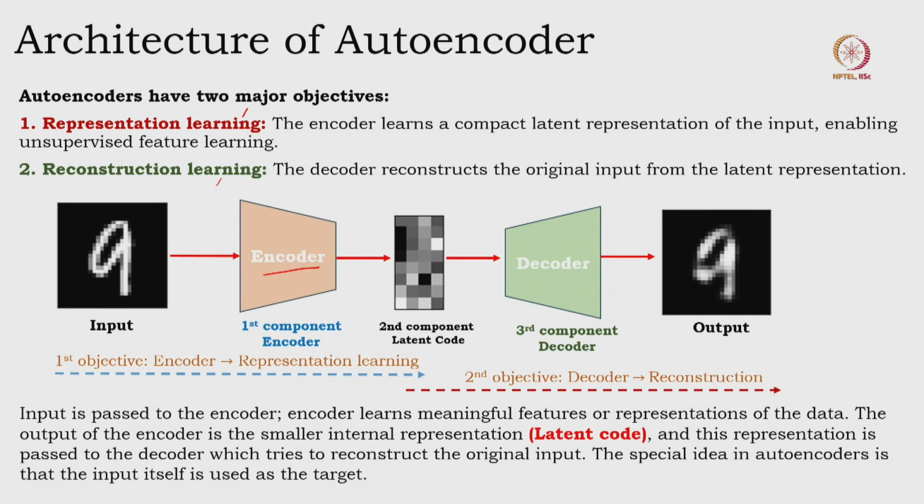That compact representation is what is called representation learning. Now this representation is passed as an input to the decoder, and the decoder will perform a reconstruction. The role of a decoder is to reconstruct the original input from this latent representation. So this is the overall architecture, a very abstract view.